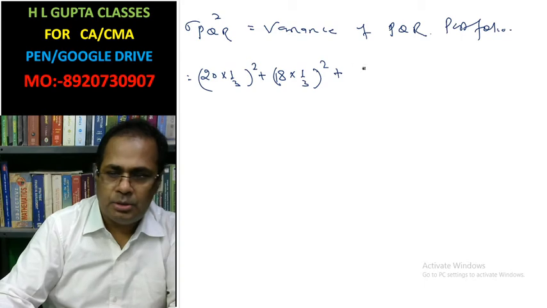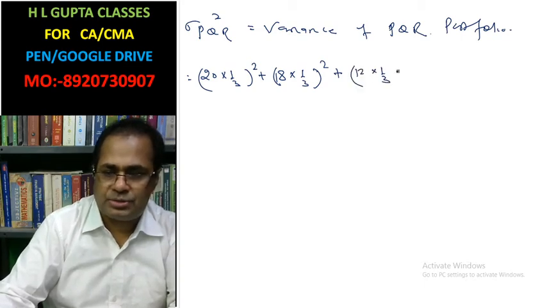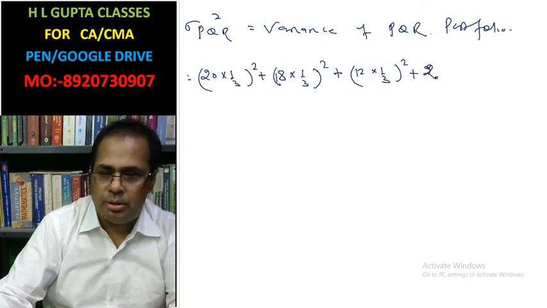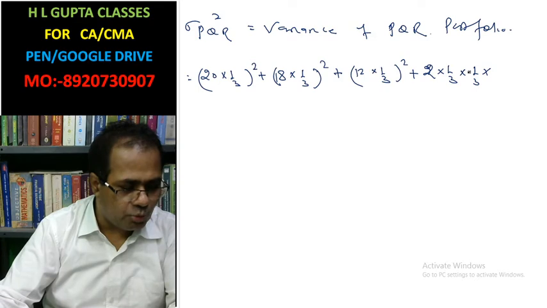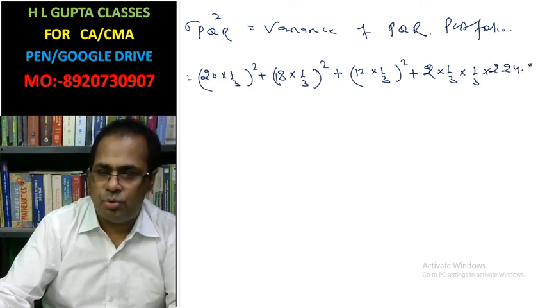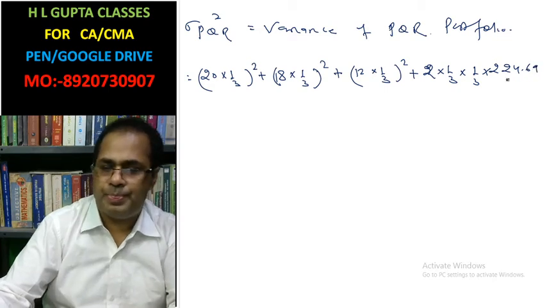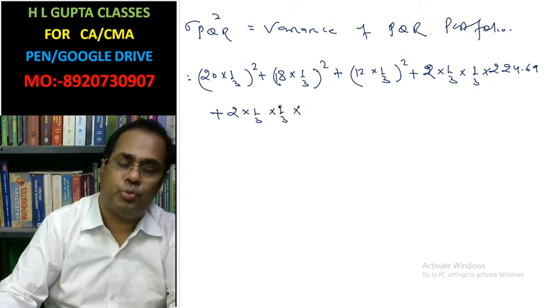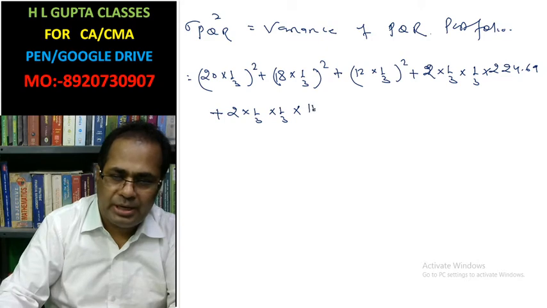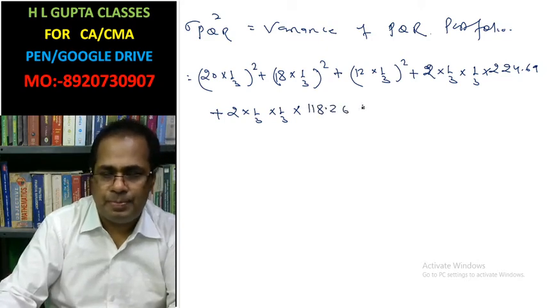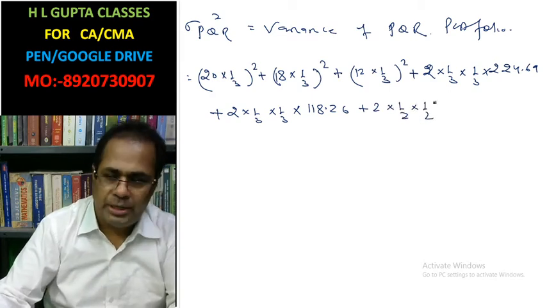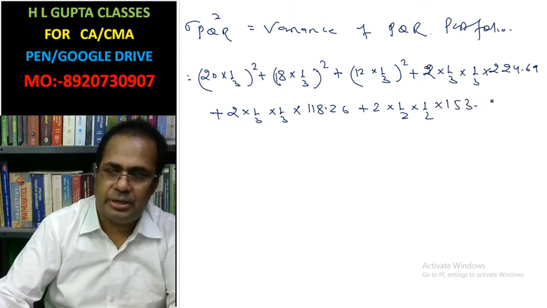Square, 12 into 1 by 3 whole square, plus 2 into 1 by 3 into 1 by 3 into 224.69, plus 2 into 1 by 3 into 1 by 3, because weights are equal, into 18.26, plus 2 into 1 by 3 into 1 by 3 into 153.90.